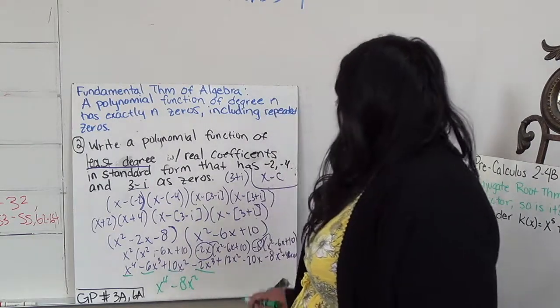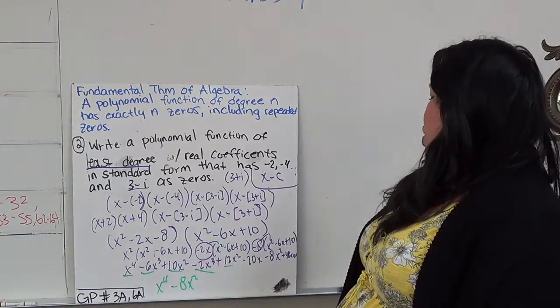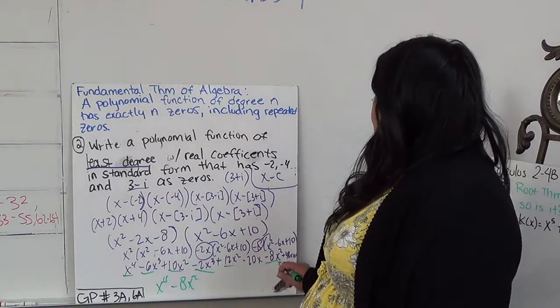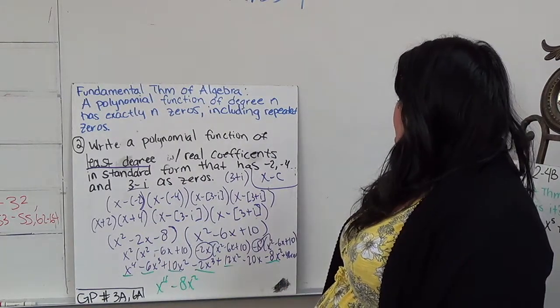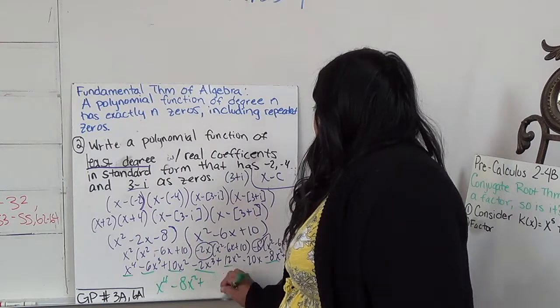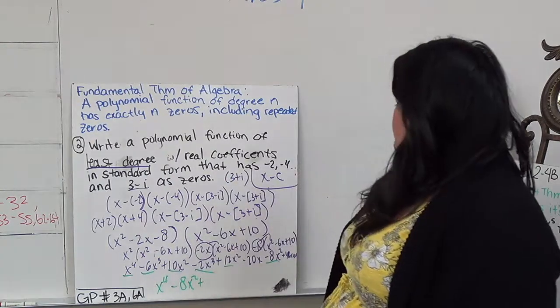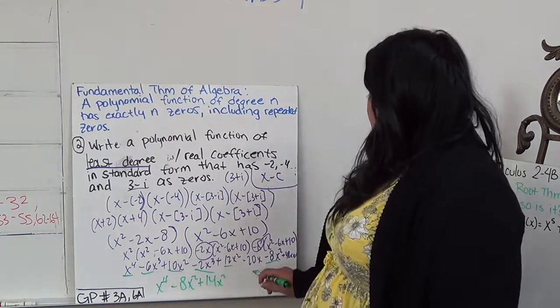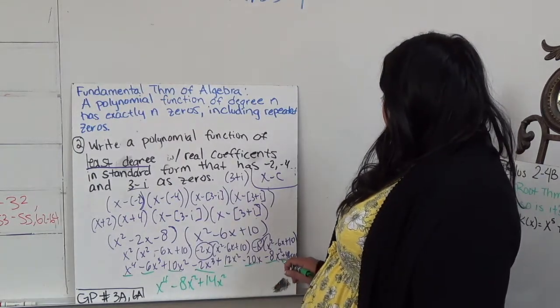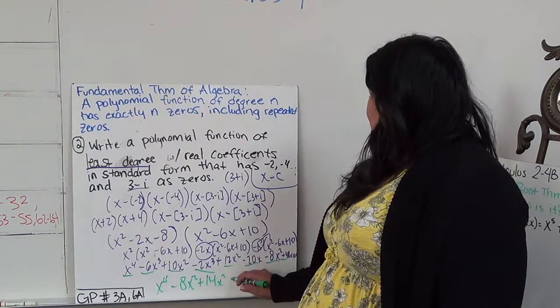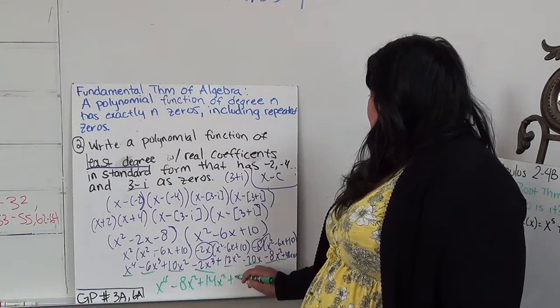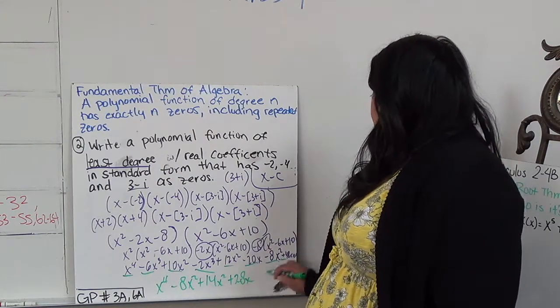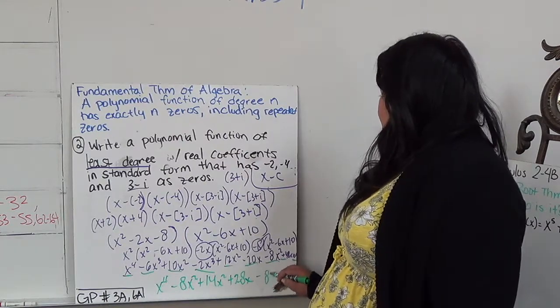We have 10x squared, 12x squared, which is 22x squared, minus 8x squared, which is positive 14x squared, and then -2x, 20x, and positive 48x gives me a positive 28x, and then -80.